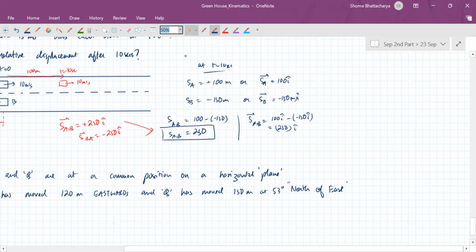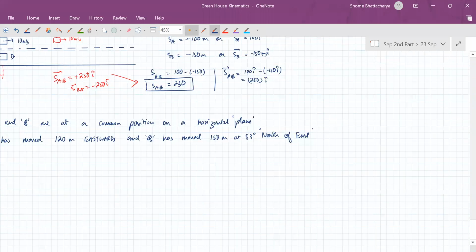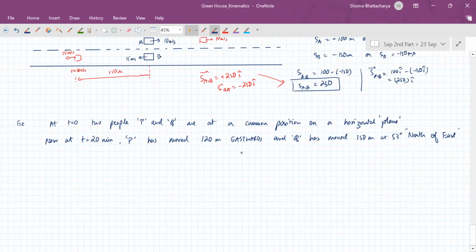So we want to calculate the relative displacement of Q with respect to P. This thing we have to calculate.